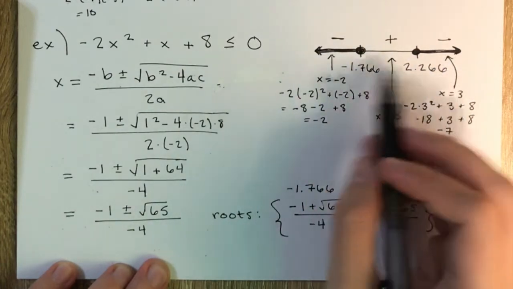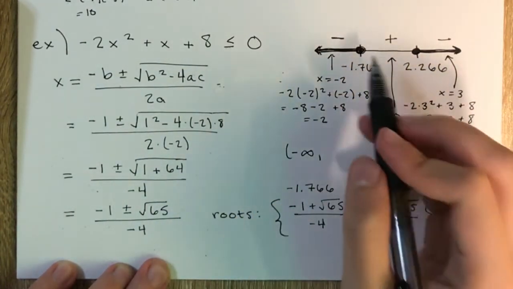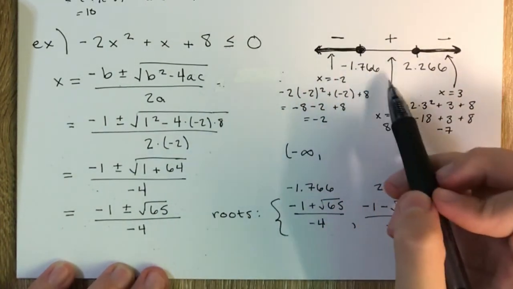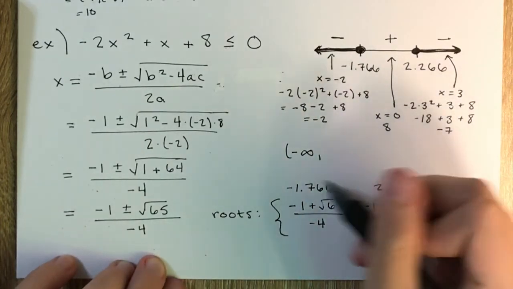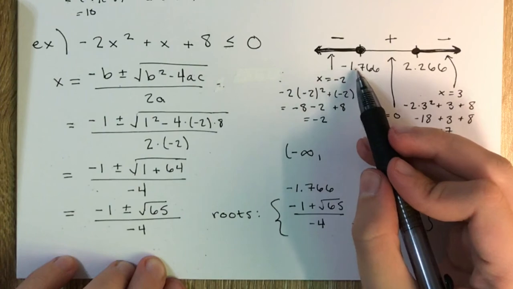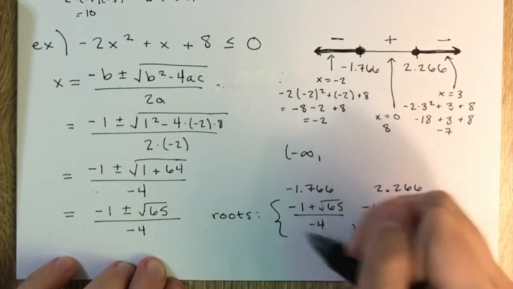So if I put this in interval notation, I start at negative infinity, and then I go all the way to this first root. In WebAssign, it's going to want us to put in the exact answer. So that means I can't write negative 1.766 because I've rounded. I have to write this guy.